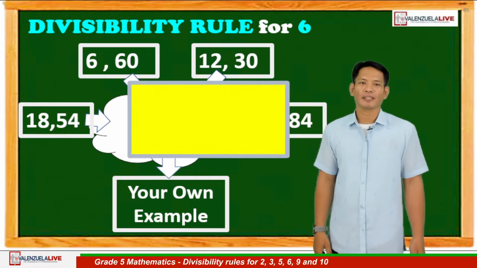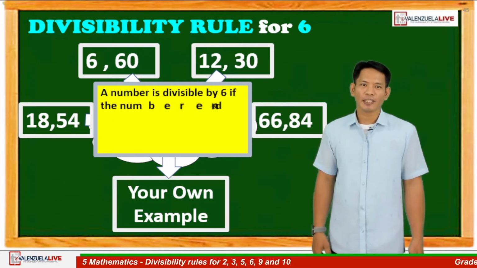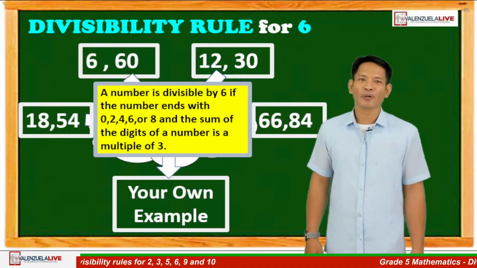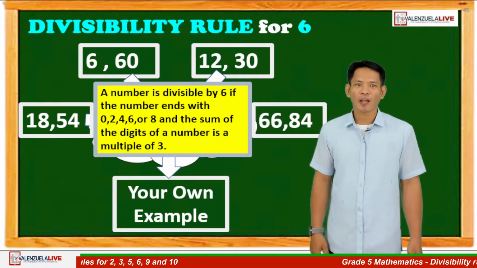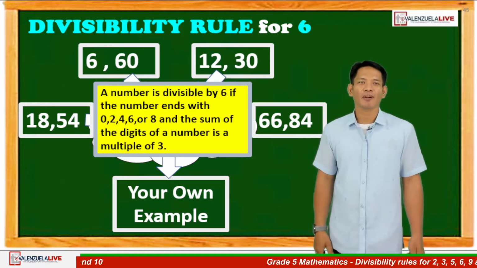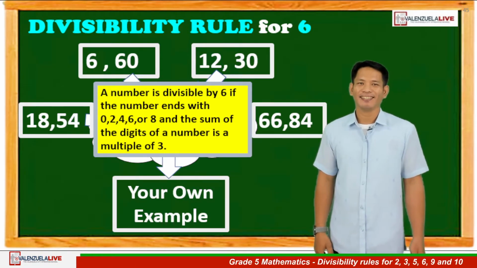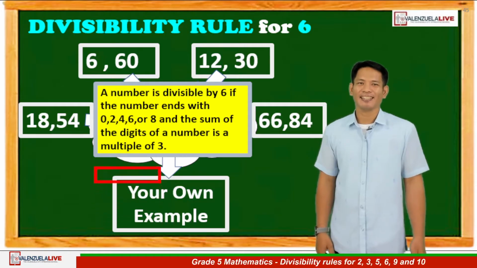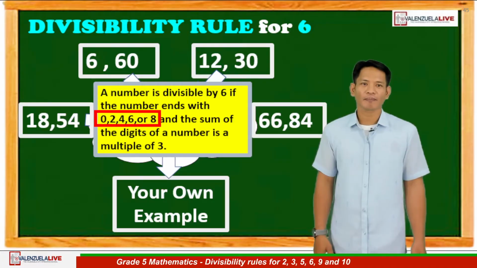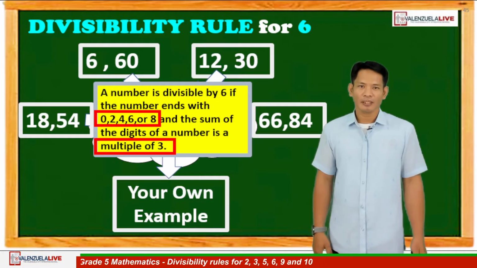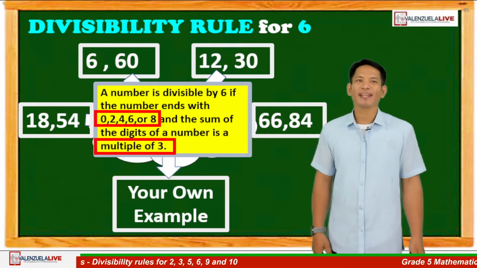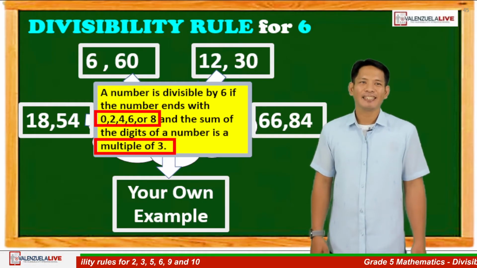Of course, a number is divisible by 6 if the number ends with 0, 2, 4, 6, or 8, and at the same time, the sum of the digits of a number is a multiple of 3. Okay, so the number ends with 0, 2, 4, 6, or 8, and also, it must be a multiple of 3 to make it divisible by 6.